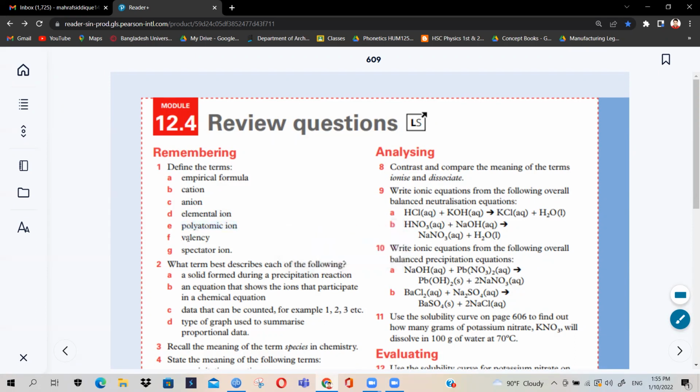Valency, you know that. Okay, you don't have to tell me what valency is, but tell me the difference between valency and valence electron. Do you remember? Valency is the amount the outer shell differs from a complete electron shell.